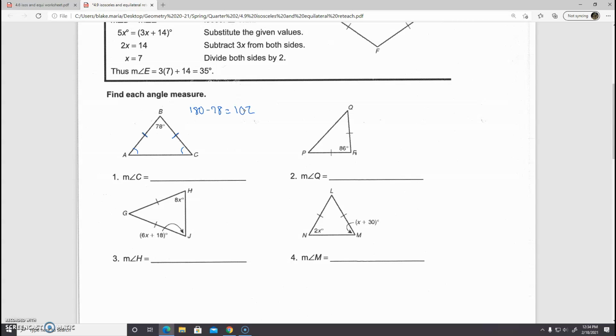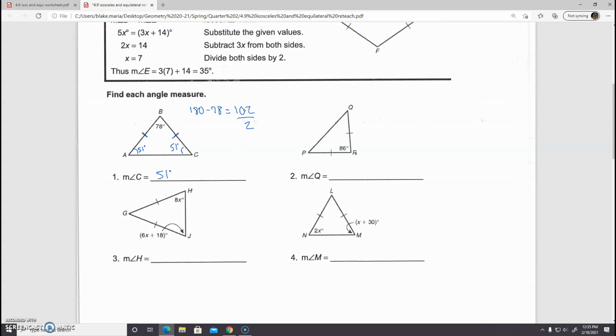Now, what do we do with that? Well, you have two angles that you need to split it between. You know they're equal, so we can cut it in half, which means this one's going to get 51 degrees, and this one's going to get 51 degrees. So what's the measure of angle C? 51 degrees.